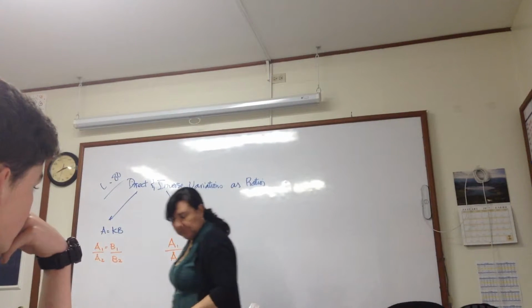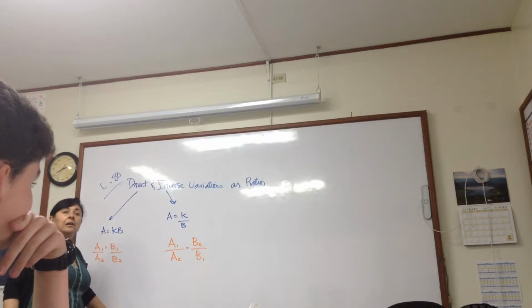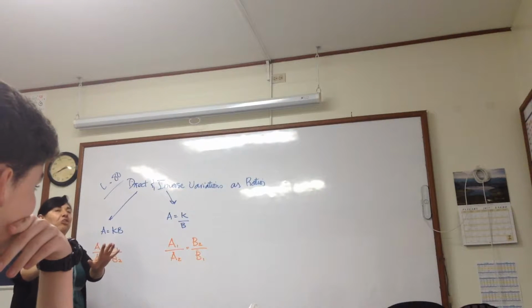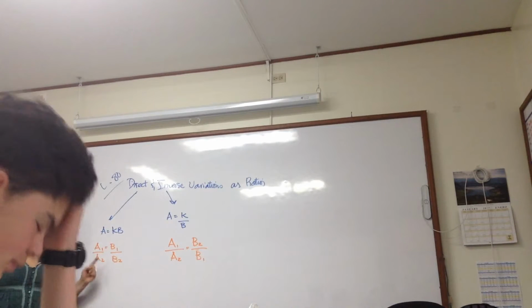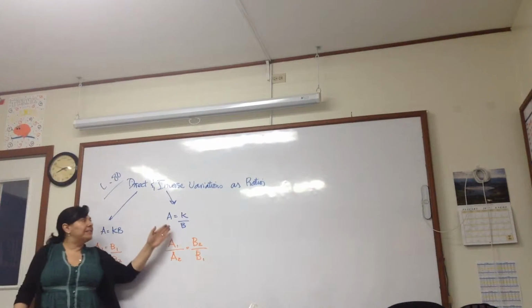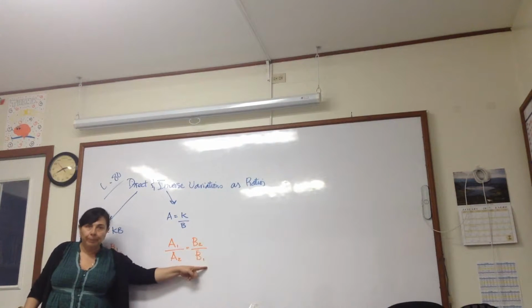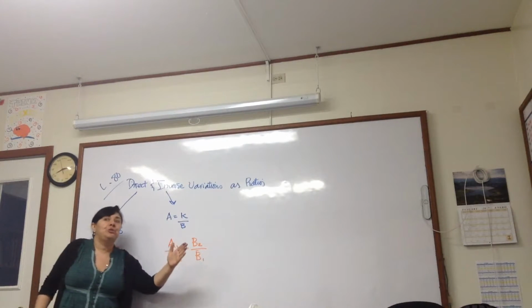In the book, I saw that there was some squared for some reason. It makes perfect sense, right? A1, B1, A2, B2, it's direct. Whereas inverse is A1, B2, A2, B1. They're inverted, okay? Hence the name inverse.